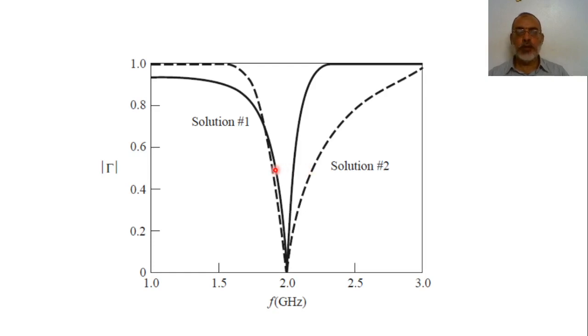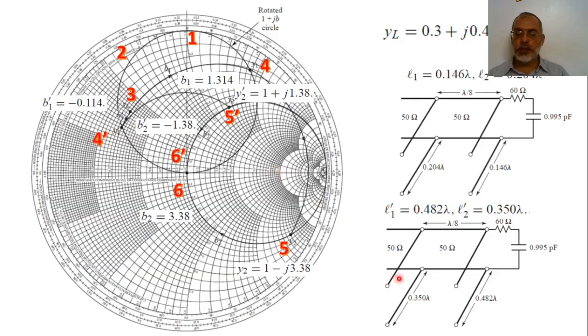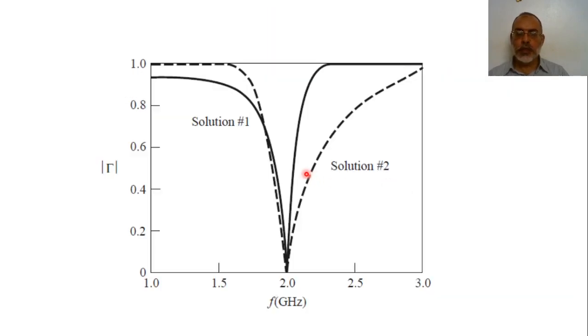This can be explained because the lengths here are greater than the lengths here, so they can keep some tuning over a slightly greater bandwidth. This is how to design a double stub tuning circuit. Okay, all right.